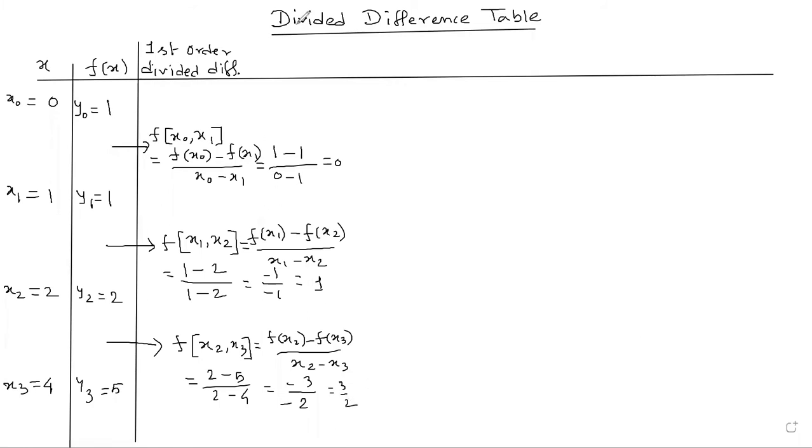Now let us go into the second order divided differences. So here we can see the second order divided difference. We'll place the second order divided differences between f of x0, x1 and f of x1, x2.